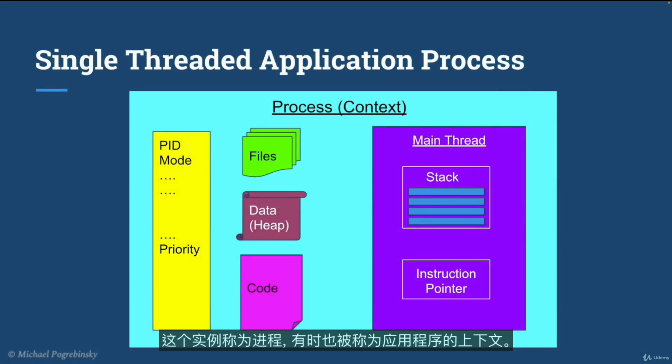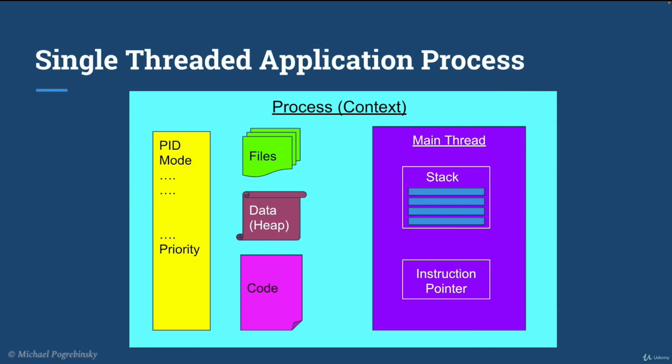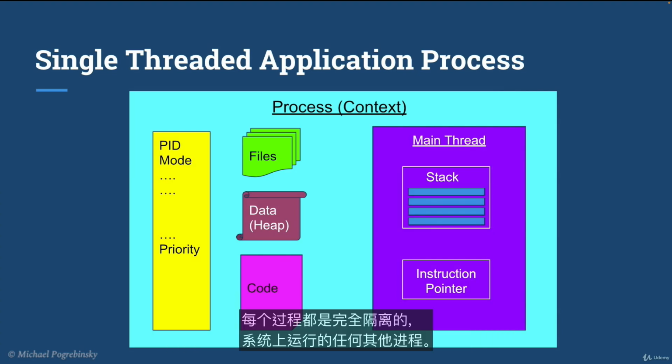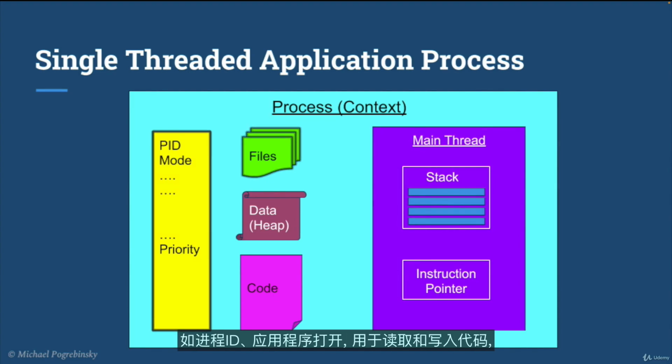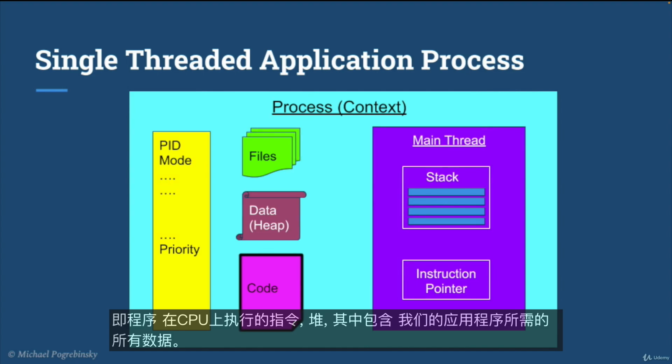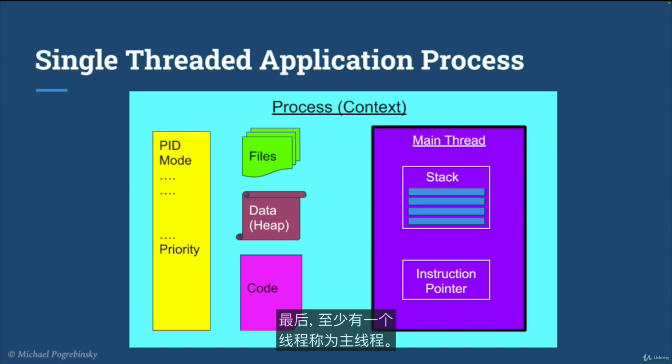That instance is called a process and is also sometimes called a context of an application. Each process is completely isolated from any other process that runs on the system. A few of the things that the process contains are the metadata like the process ID, the files that the application opens for reading and writing, the code, which is the program instructions that are going to be executed on the CPU, the heap, which contains all the data our application needs, and finally at least one thread called the main thread.